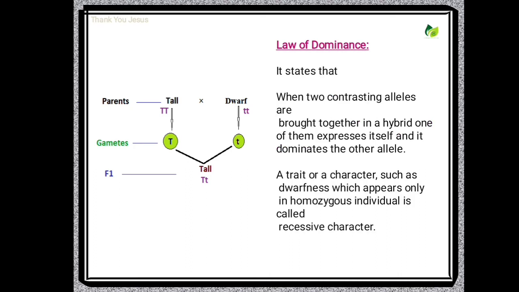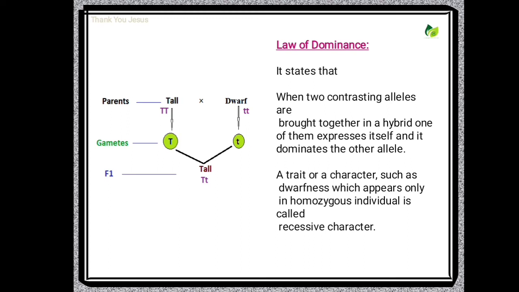The law of dominance states that when two contrasting alleles are brought together in a hybrid, one of them expresses itself and it dominates the other allele. A trait or a character, nothing but dwarfness, which appears only in the homozygous individual.